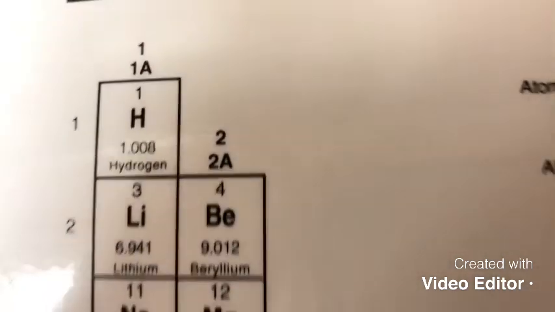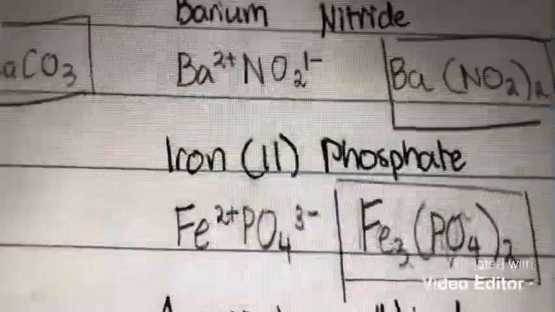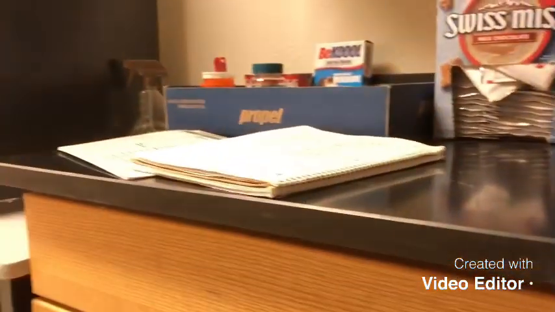We can find barium right here, with a valence electron of 2, and it's going to give away 2 electrons, making it 2 plus, positive 2. And NO3, which is nitrate, is NO3 -1.